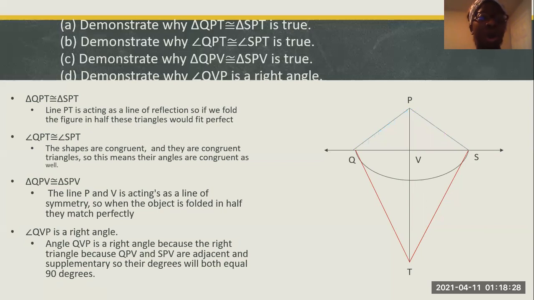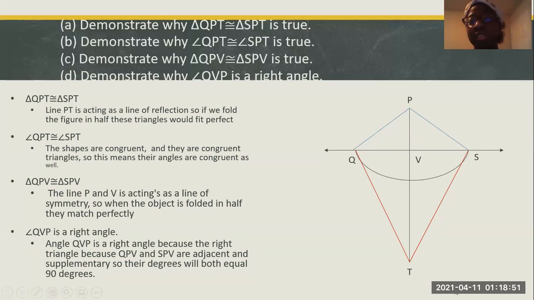Now our last, why is QVP a right angle? Well, when a line is acting as a line of symmetry, it will 9 times out of 10 form a straight line and that'll make a 90-degree angle.